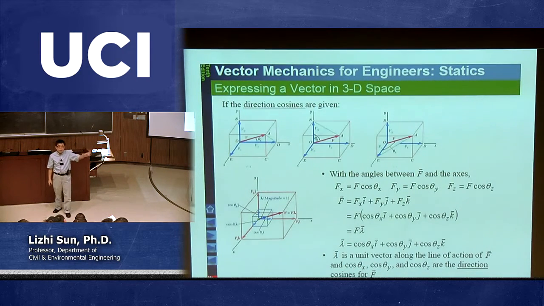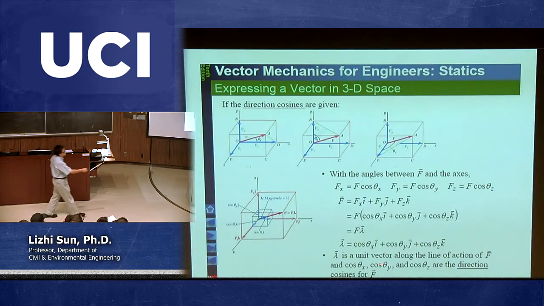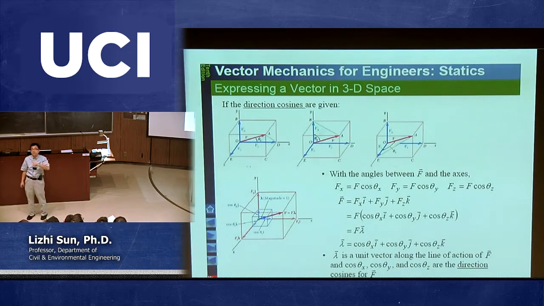So if we ask you to calculate a 3-dimensional force vector, do you need to calculate the magnitude and direction or not? If we do not ask you, you don't have to. If I ask you to calculate the magnitude and the direction of the 3-dimensional force, then obviously you do need to calculate those 3 angles. That's the only way to describe the 3-dimensional force direction. But many times we do not ask you.